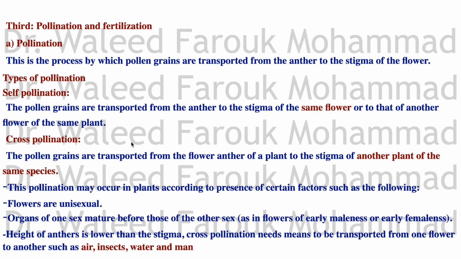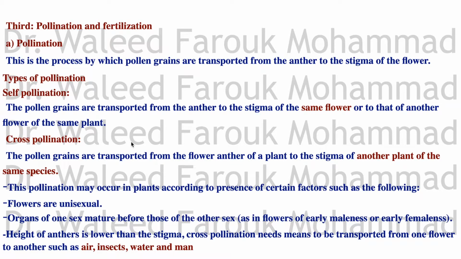Now, pollination may occur in plants according to the presence of certain factors. For example, if a flower is unisexual, the pollen has to go to another flower on the same plant or another flower on another plant. Okay, but in this case we're talking about cross-pollination, so it's on another plant.